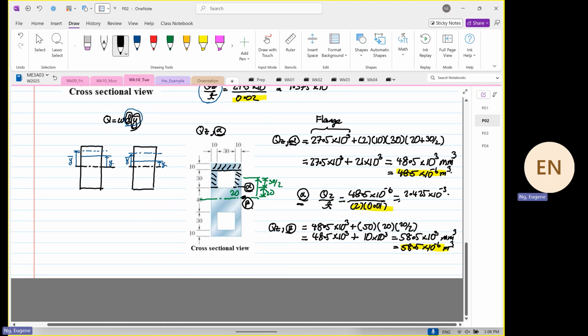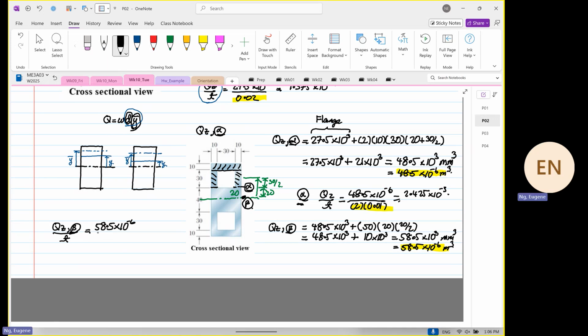QZ at point beta over T will be equal to 58.5 times 10 to the power minus 6 divided by the thickness, which changed to 0.05. So 58.5 times 10 to the power minus 6 divided by 0.05 is equal to 1.17 times 10 to the power minus 3.